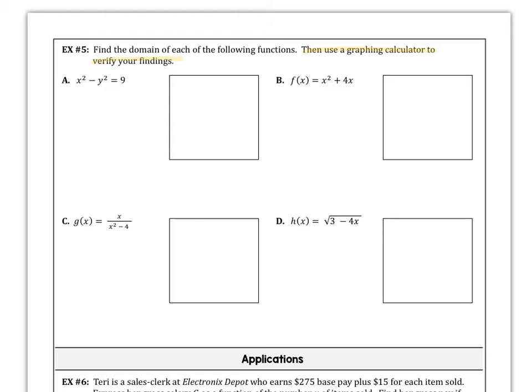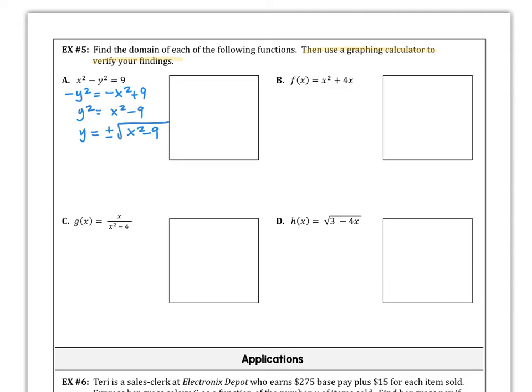So let's isolate our y here. We would subtract the x squared and then divide by -1 and then take the square root, and remember when you take the square root you get plus or minus.